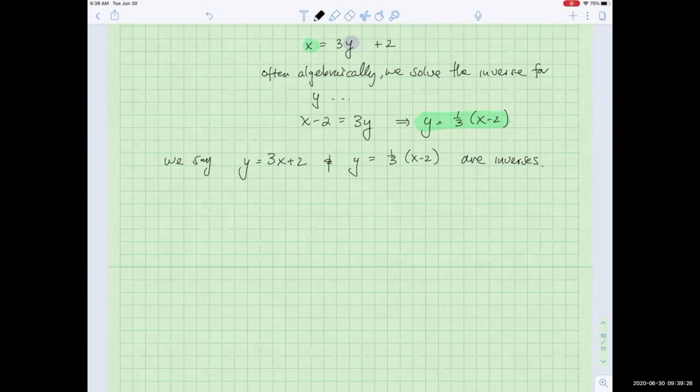We should note that they have the same properties as above. When x is 1, y is 5, which satisfies y equals 3x plus 2.